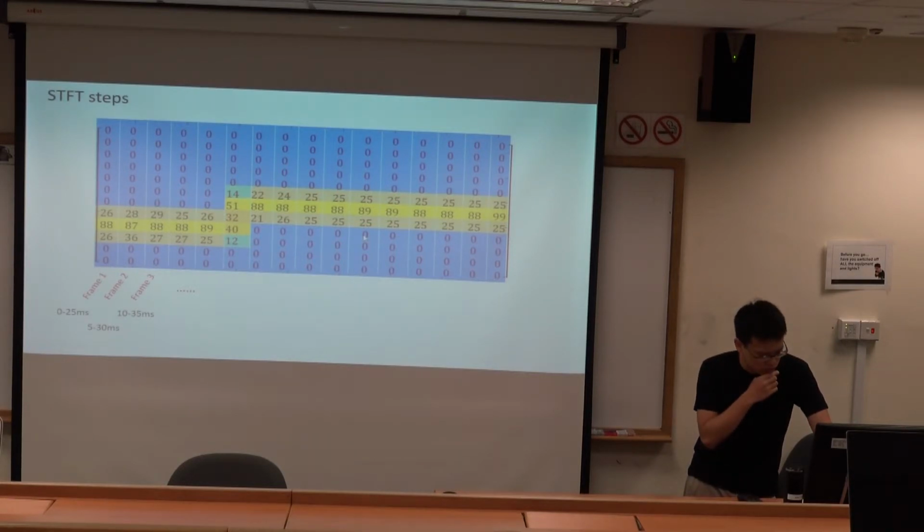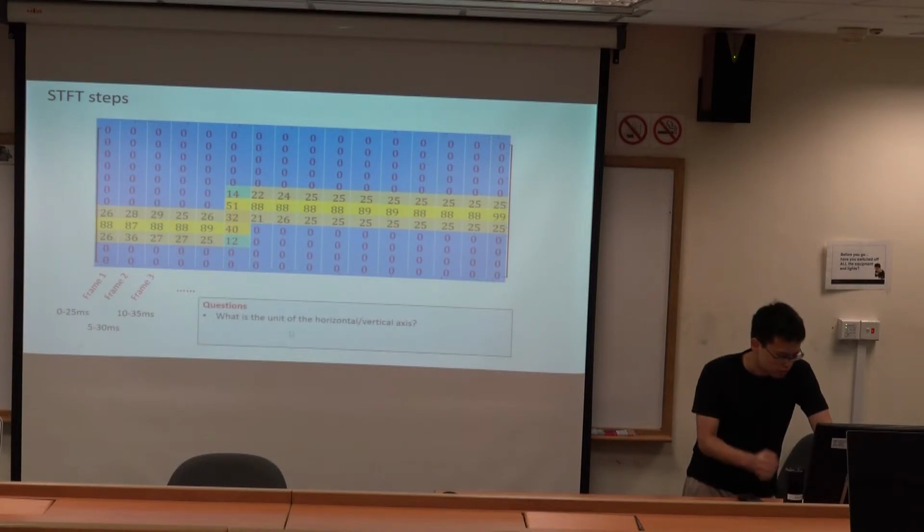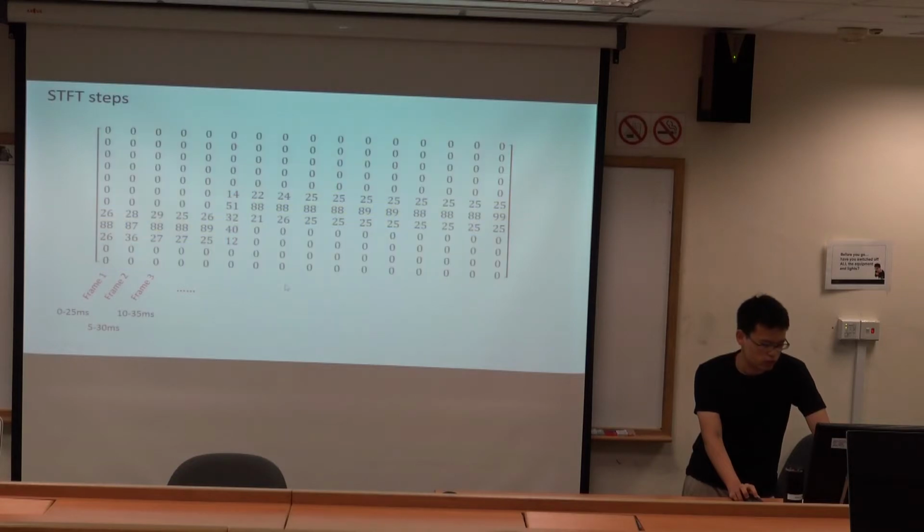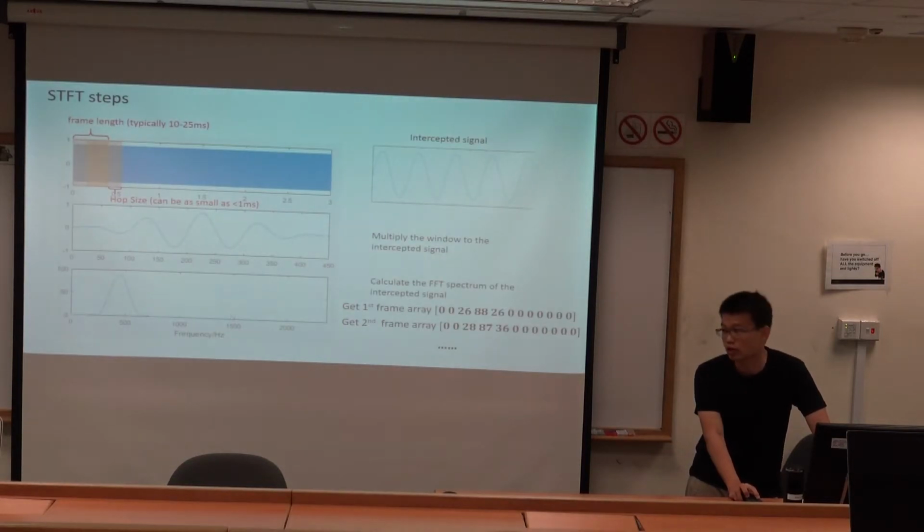So now I have some questions to ask you. First, what's the unit of the horizontal and vertical axis of this matrix? Well, the vertical axis of the spectrogram is frequency.